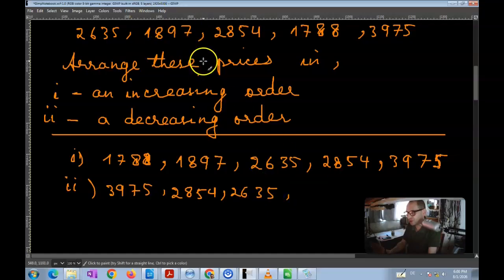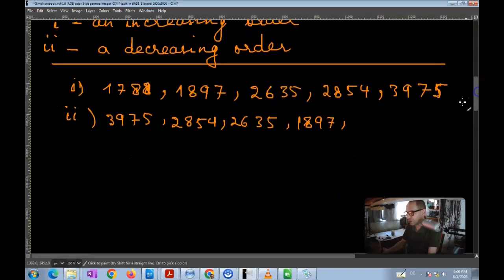Then 1,897. And then 1,788. Or when you write your prices in an increasing order, if you just take the same list and write it the other way around, meaning start from the largest number and end with the smallest number, that would be a decreasing order, right?